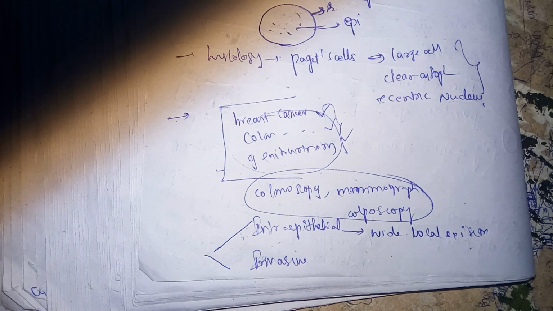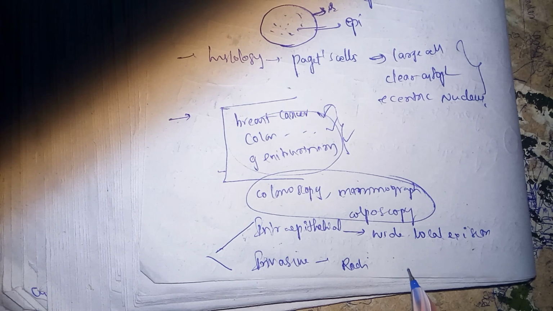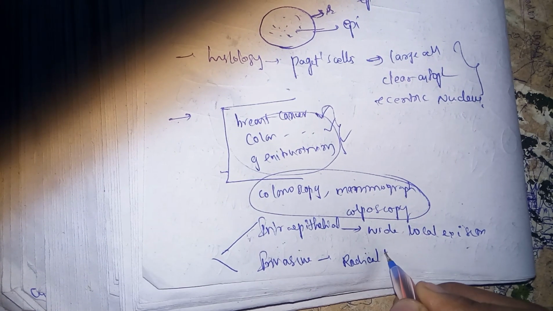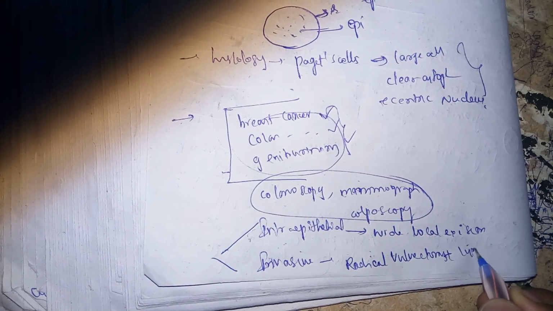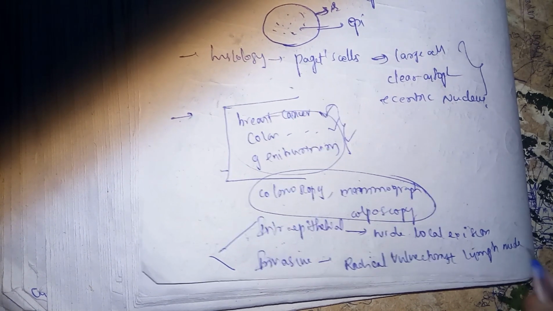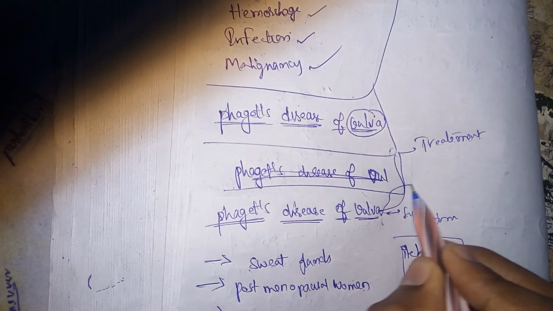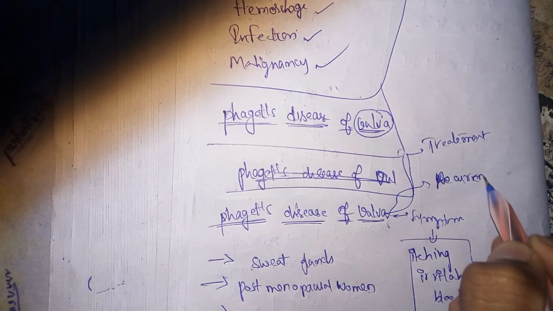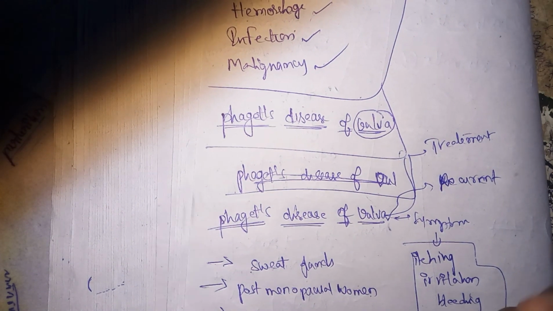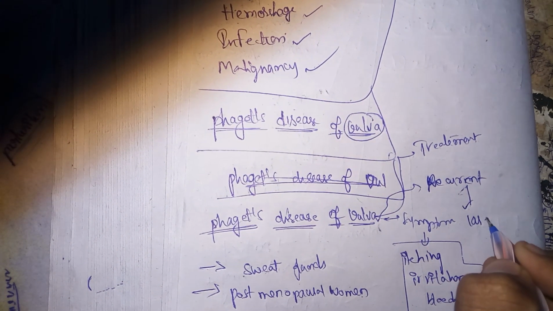In invasive Paget disease, we'll do radical vulvectomy with lymph node dissection. This Paget disease has a high rate of recurrence. In cases of recurrence, the treatment of choice is laser ablation.